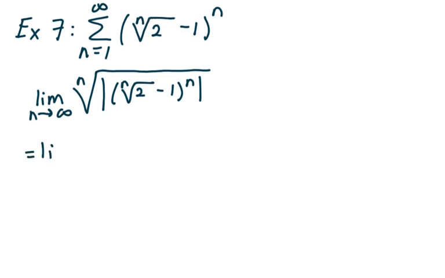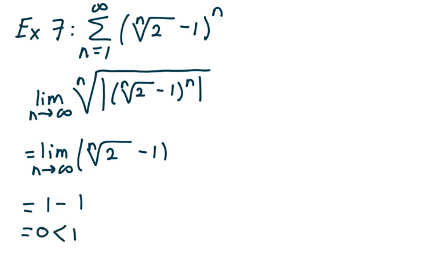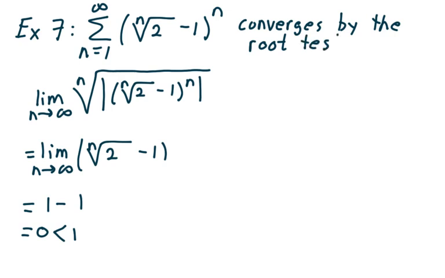But this is the limit as n goes to infinity of the nth root of 2 minus 1, which is 1 minus 1, which is equal to 0, and that's less than 1. So this converges by the root test. And that's how we do example 7.